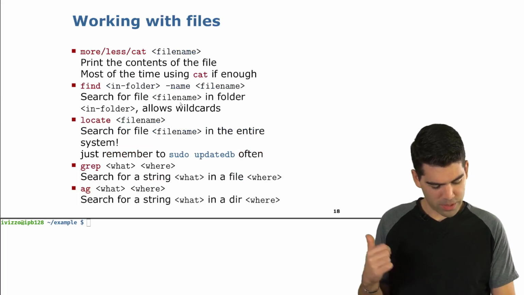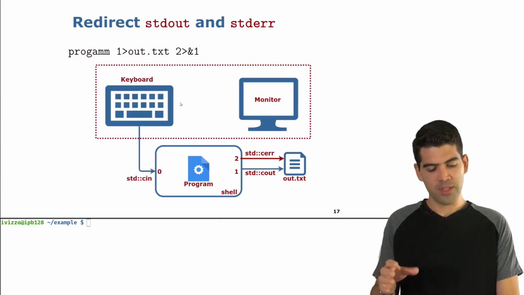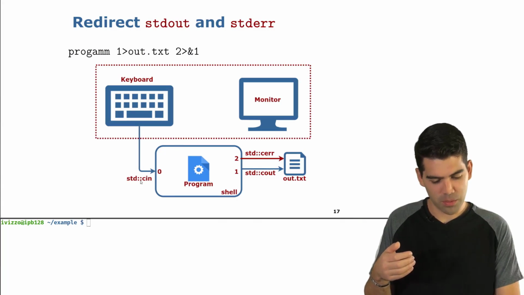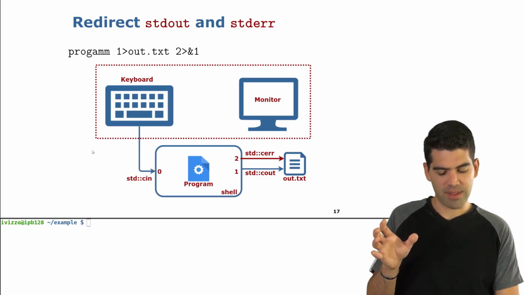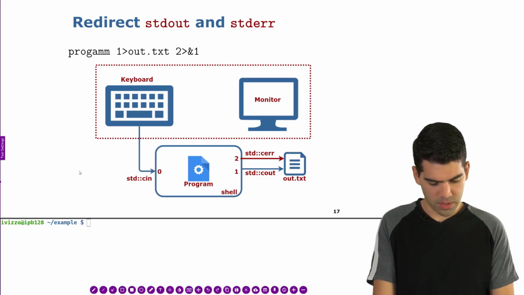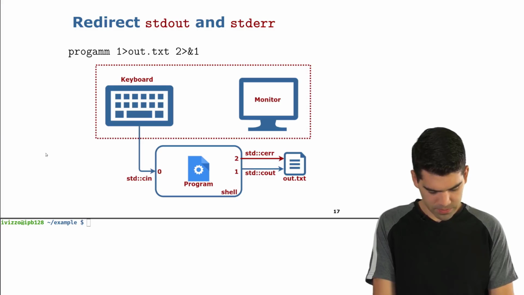So if we go back to this slide, when you're running a program by itself, the keyword is going to be injecting data into the standard input over here. But when you're piping commands, you basically have another program on your chain. Let me try to draw it.